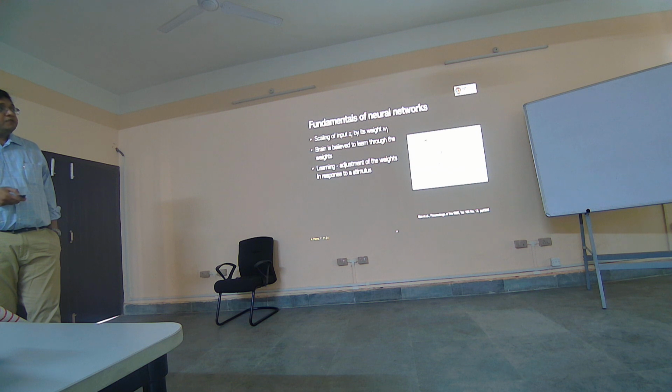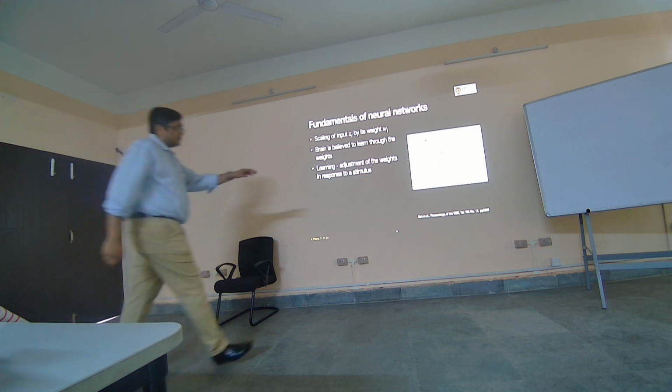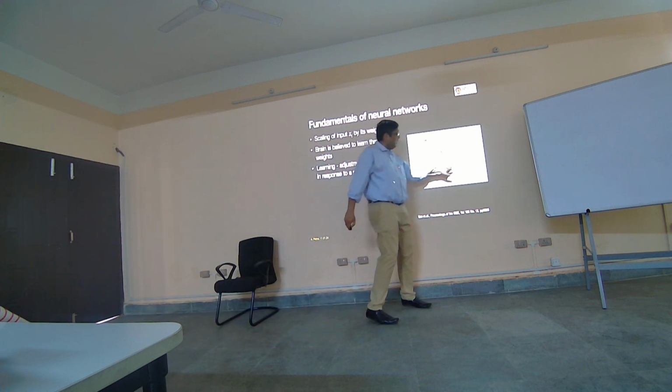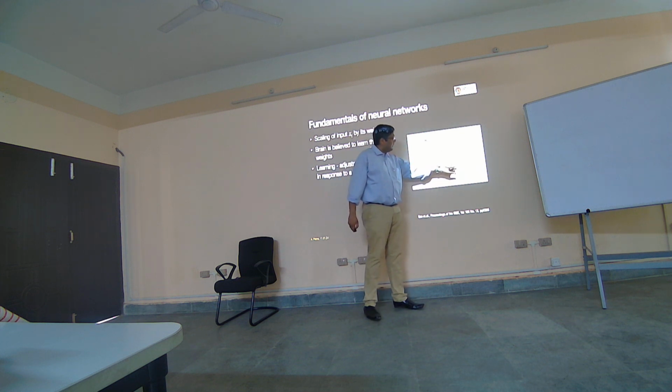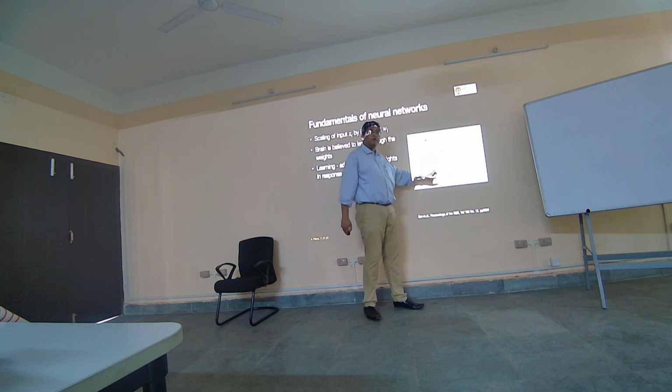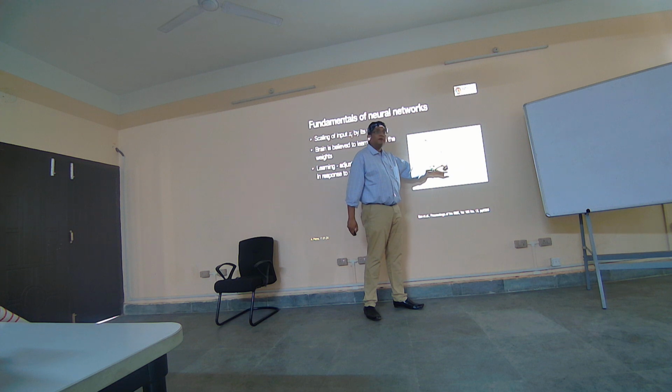What we want this neuron to do is sum up, integrating the weight with the input, so it's creating a sum. And then once it reaches a certain threshold, I want the output to fire. So you have a linear sum of Wixi, backed up with a nonlinear function.